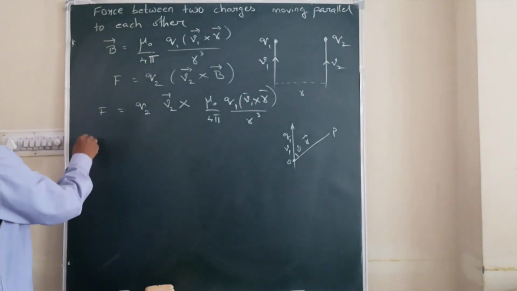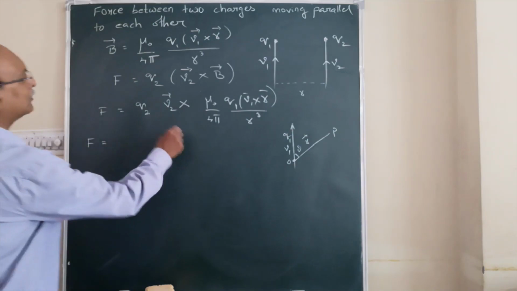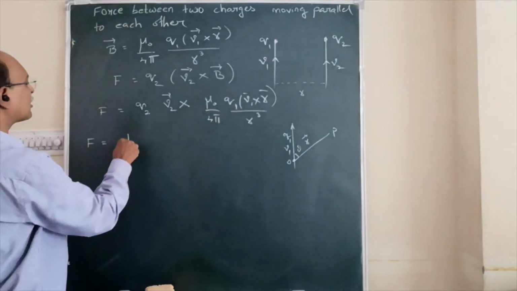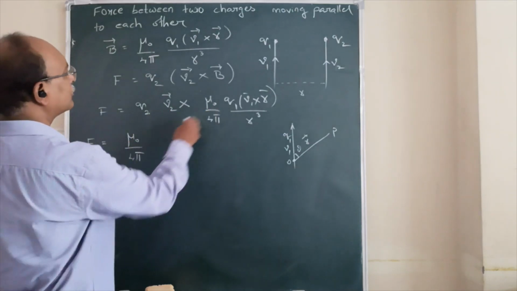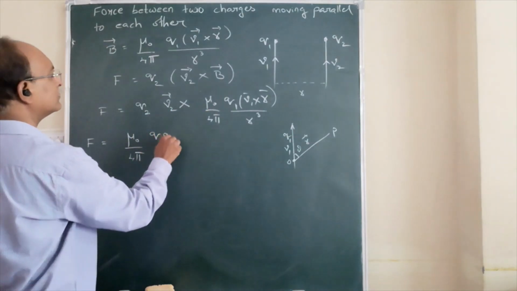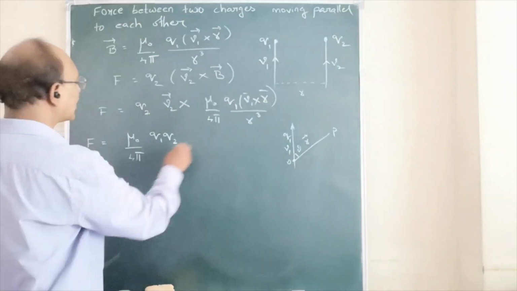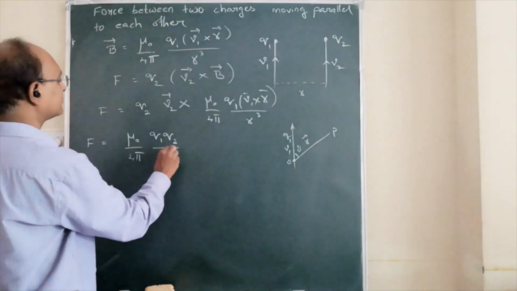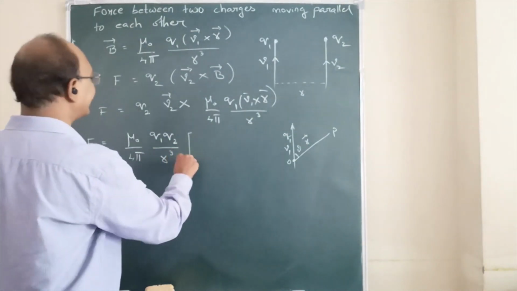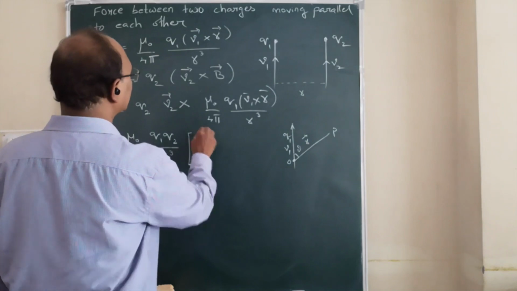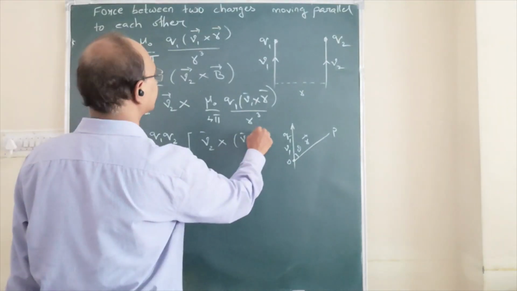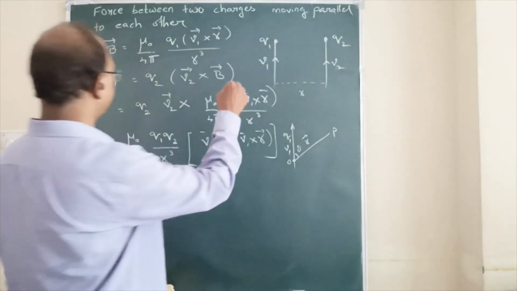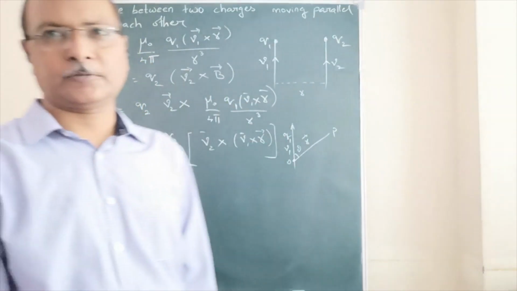So F is equal to mu naught by 4 pi Q1 Q2 by R cube into V2 cross V1 cross R. So that is the force.